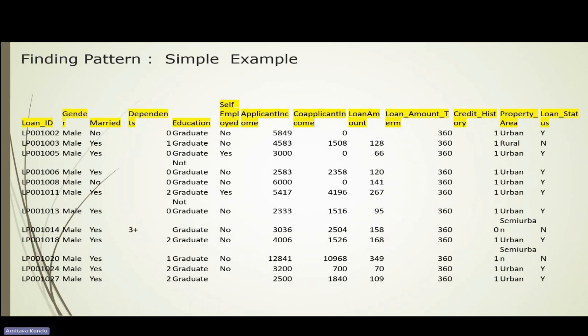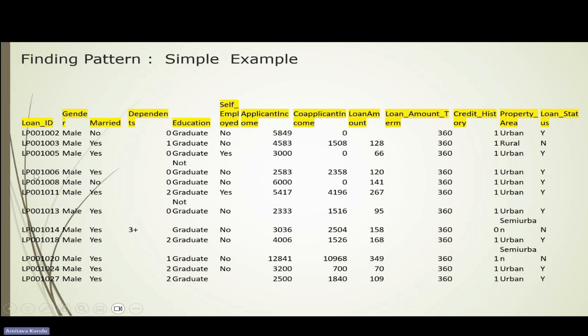These are the customer loan details in a particular bank. Here there is a loan ID, gender, married or not, dependents, education. Multiple parameters are there. Then you'll find here loan status.